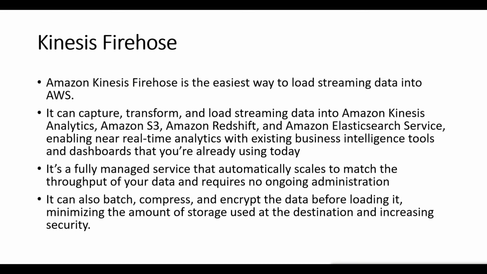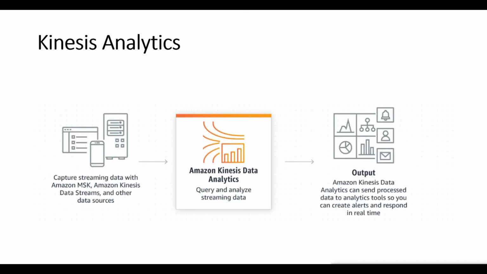It's a fully managed service that automatically scales, as I told you earlier, to match the throughput of your data and requires no ongoing administration. It can also batch, compress, and encrypt the data before loading it, minimizing the amount of storage used at the destination and increasing security.